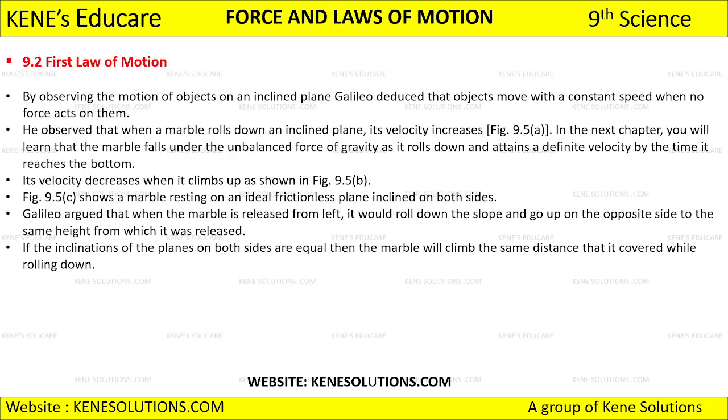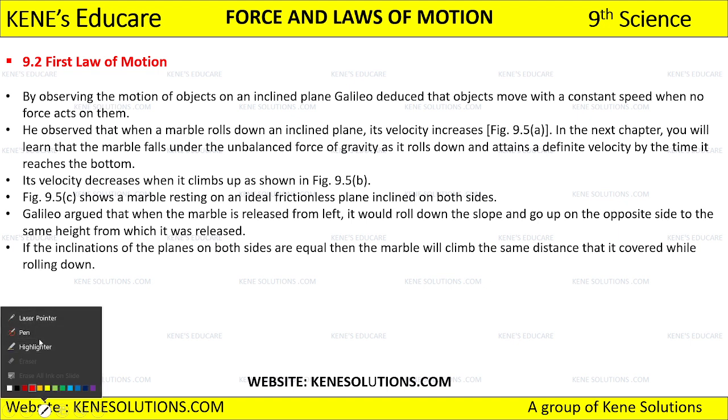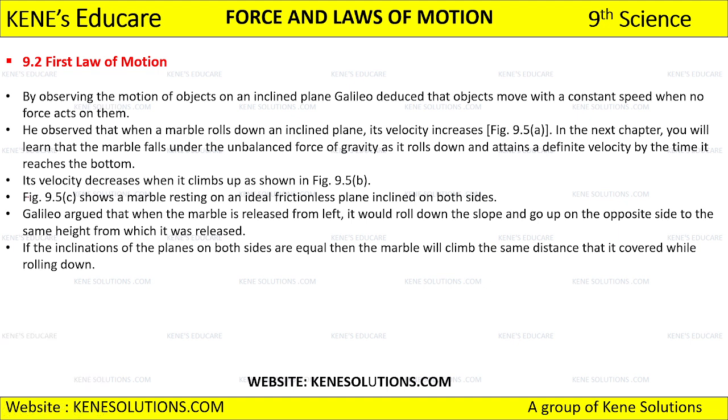Galileo argued that when the marble is released from the left, it will roll down the slope and go on the opposite side to the same height from which it was released. Right? So it was about the inclination part.